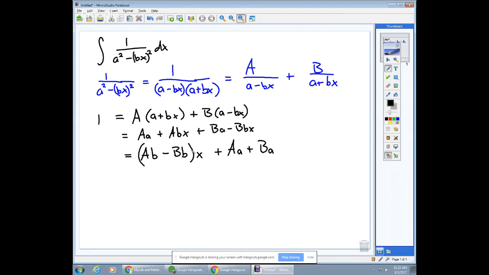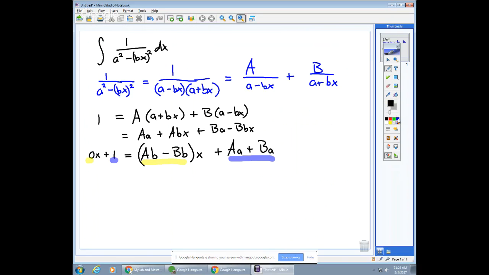Now notice on the other side of the equation we have a 1, but there is no x term, so I'm just going to write it as 0x. What that tells me is that this has to be 0, and this has to be 1 when I compare sides.